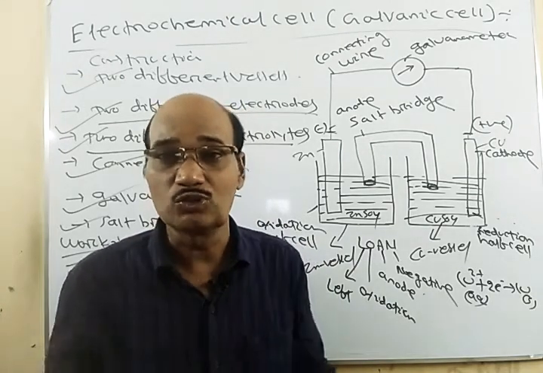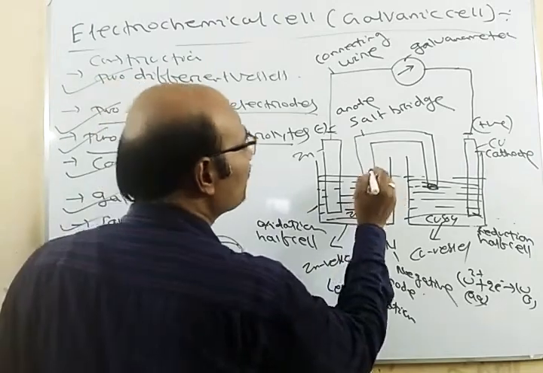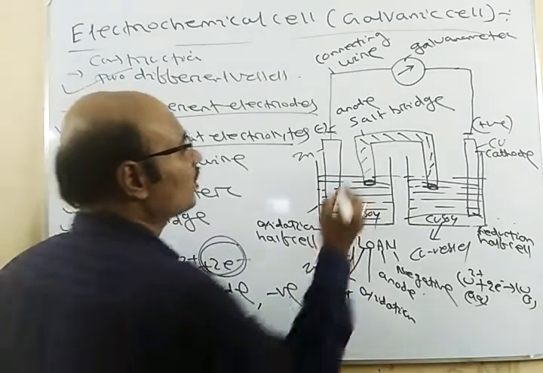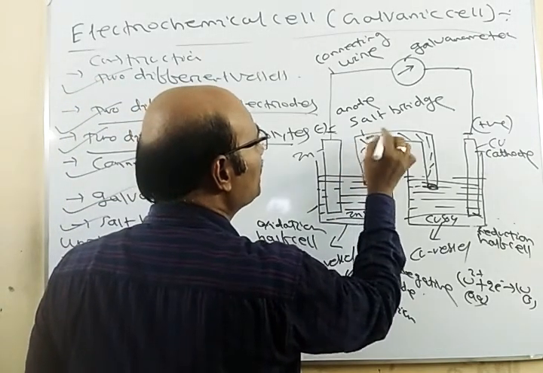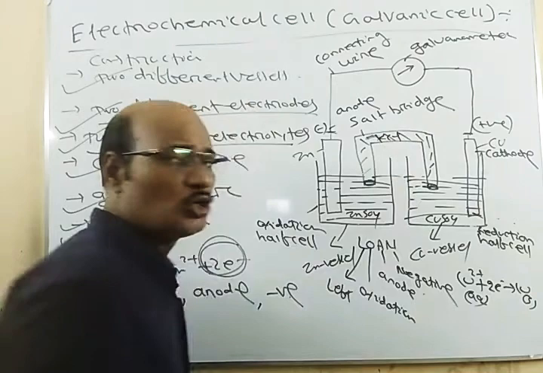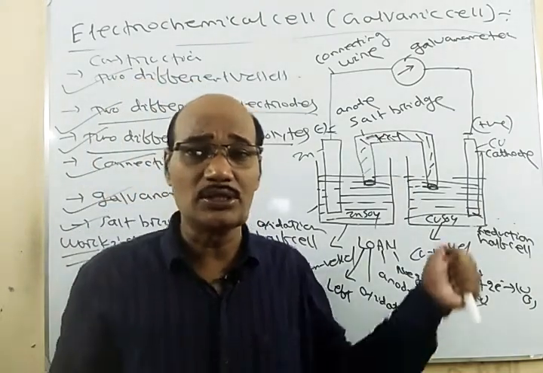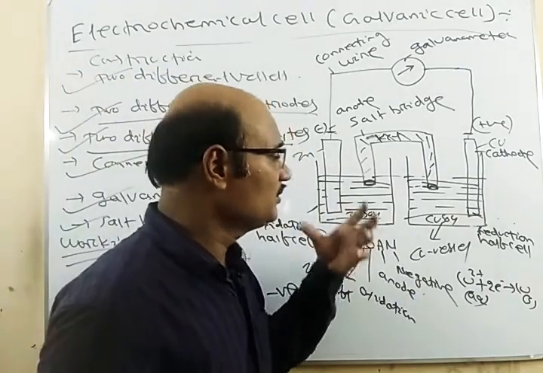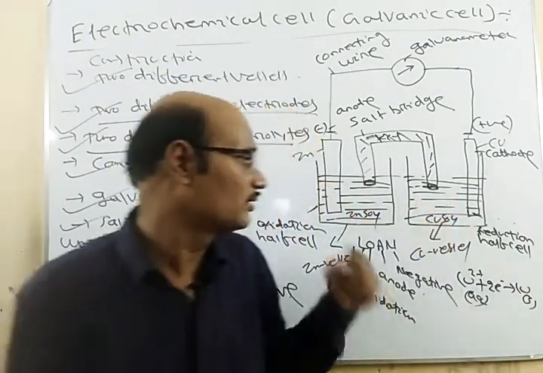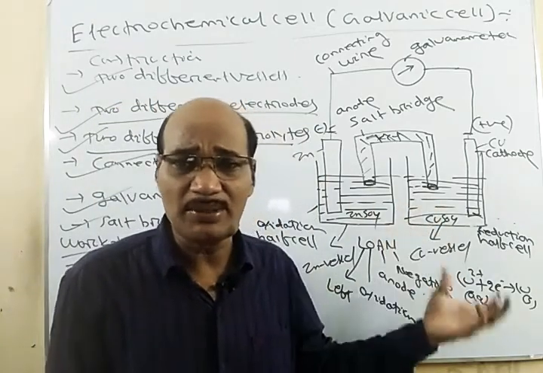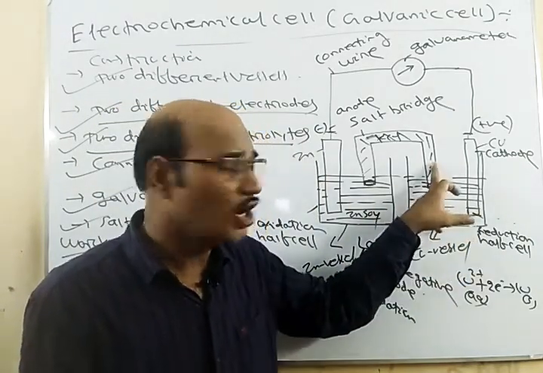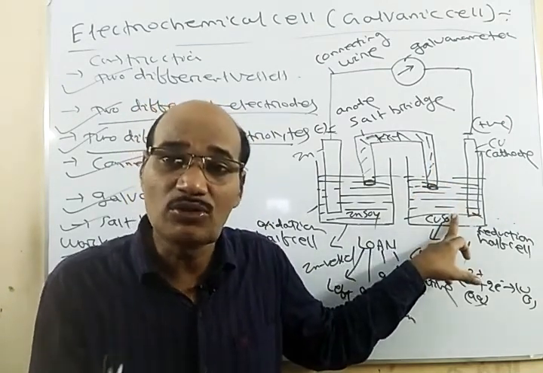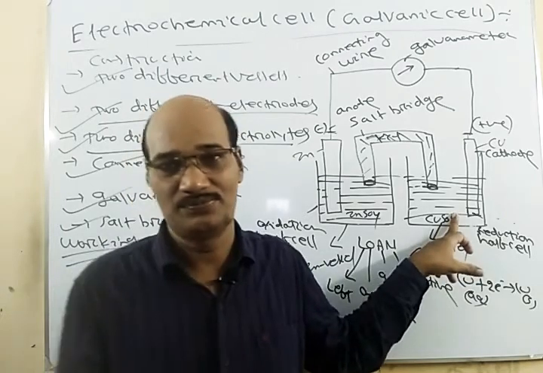To avoid this, we have the salt bridge. The salt bridge contains inert electrolytes, such as KNO3, which do not take part in the electrochemical reactions. Depending upon the demand of the cell, if negative charges are accumulating, the salt bridge releases positive ions so that electrical neutrality is maintained.